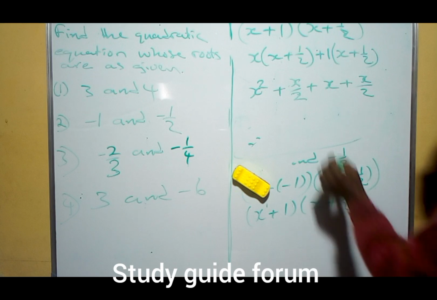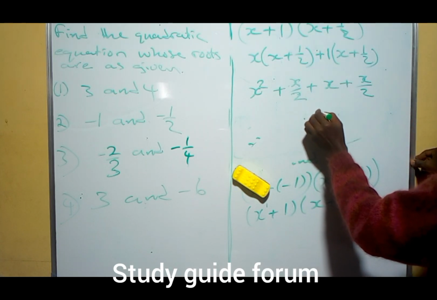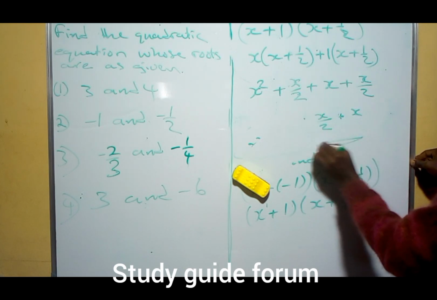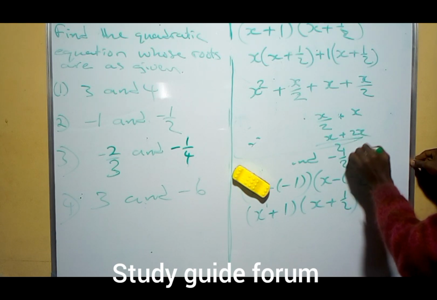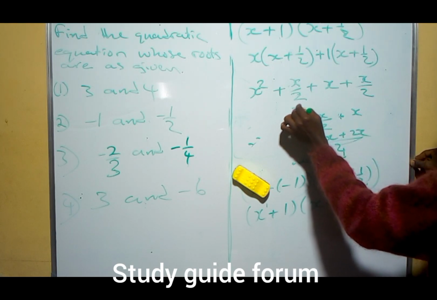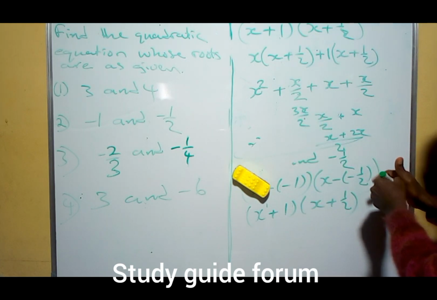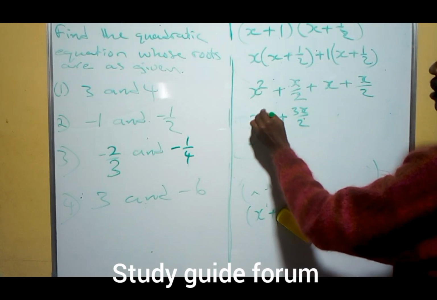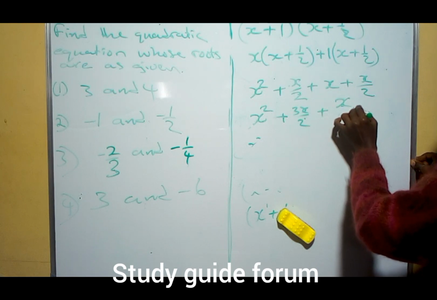So when we sum these two together, adding them together, x plus 2x will give us 3x over 2, plus x over 2.